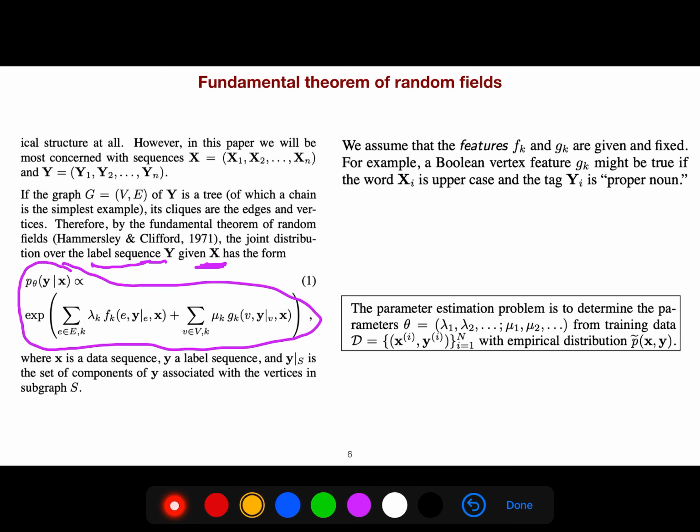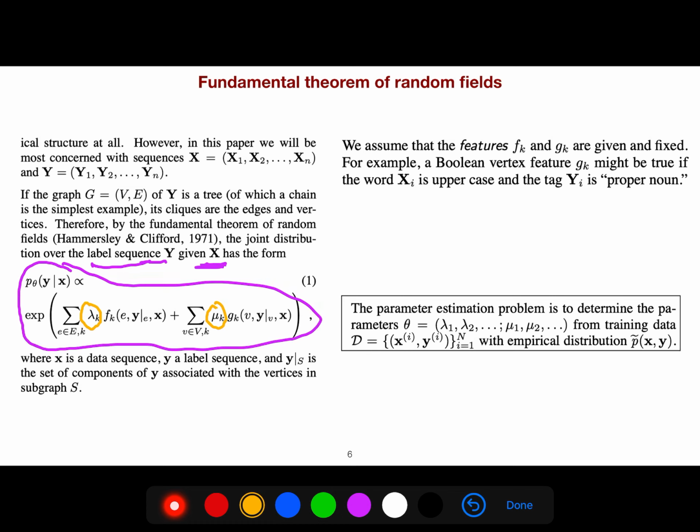What we are going to learn are these parameters, lambda k and mu k. If you compare with the hidden Markov model, you can say that lambda k could be seen as the transition and mu k is the emission.